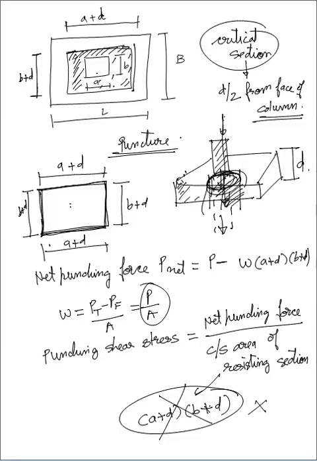So this is the dotted line. This is your a plus d and this is your b plus d.